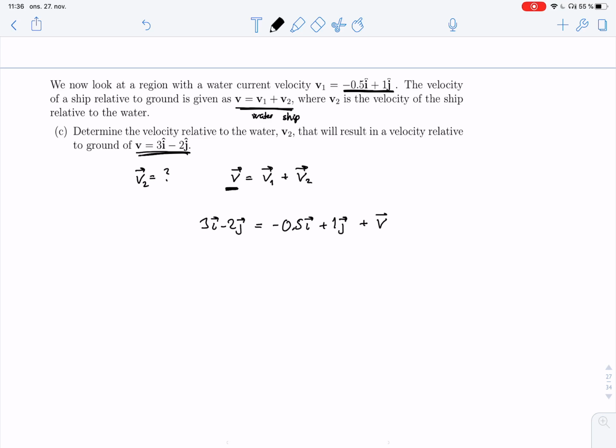And then we have the V2, which we want to determine. Okay, so what we need to do then is to put everything except the V2 on the left-hand side. So we had 3I minus 2J equals... oh, I wanted to move that to the other side. So I get plus and minus.